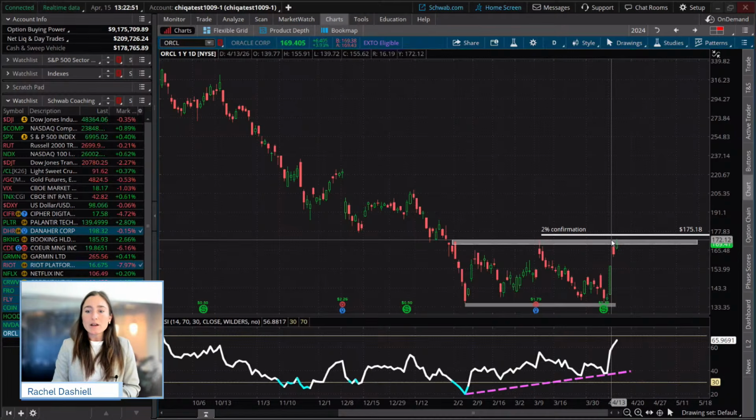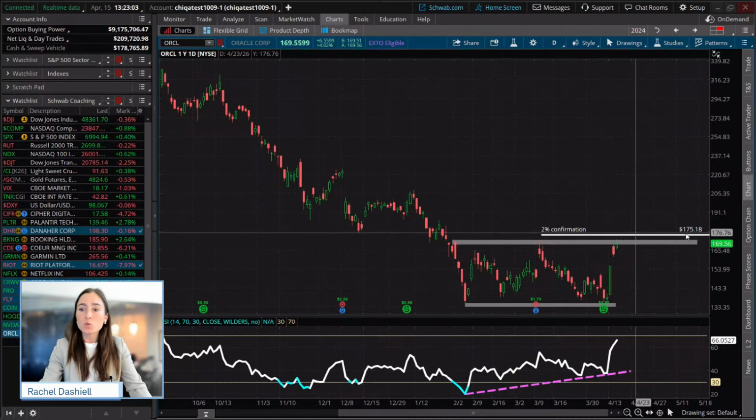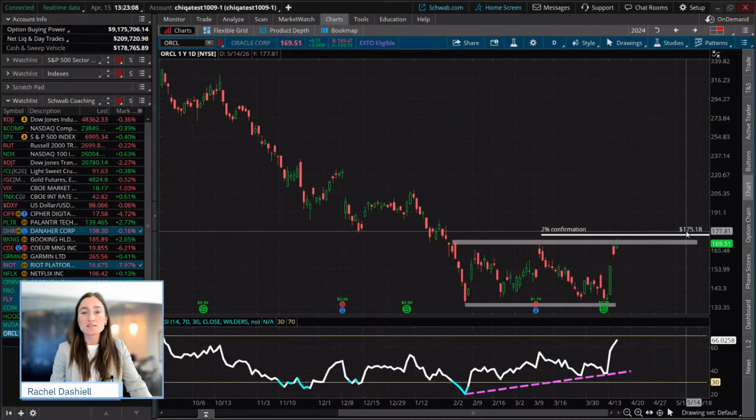So now, a couple things you could do with this one. Now, there is no earnings coming up. The implied volatility percentile is relatively low. So if you did want to put a conditional order in on an option, such as a long call option, maybe you wanted to use a bull call spread.